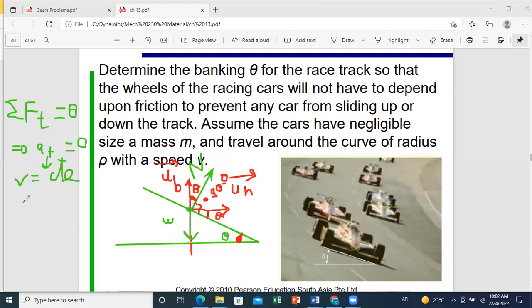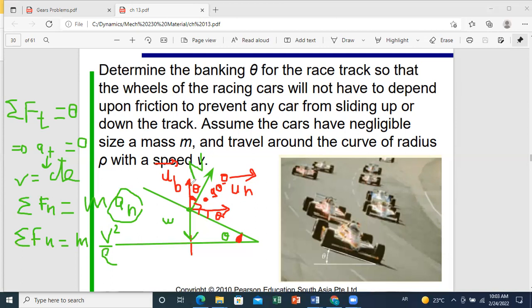I have sum Fn equals M AN, and I will take advantage that in the UN-UT frame, I know the expression of AN. So I can write that the sum of normal forces equals M times V square over the radius of curvature. Now, let me project along UN.